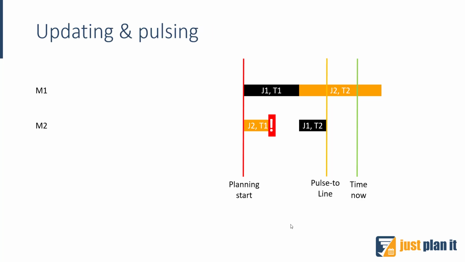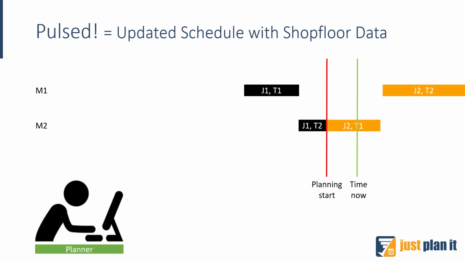And when the planner is then approving this situation, what happens is what we estimated and learned already, because then task 1 of job 2 needs to be pushed forward and the successor task accordingly.